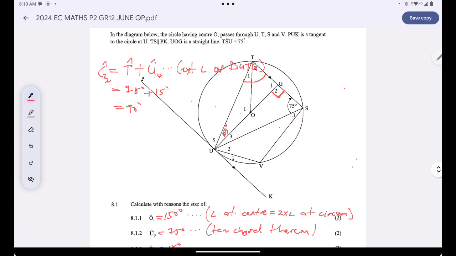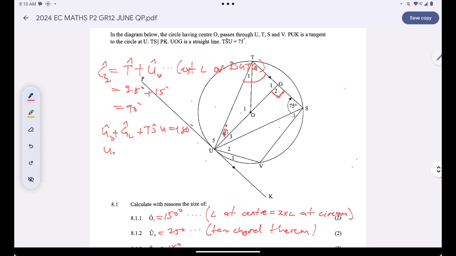After proving that G2 is 90 degrees, we can therefore find angle U3. We know that 90 plus 75 plus U3 must give us 180, because of the angles of a triangle. So we can simply say U3 plus G2 plus T equals 180 degrees, right?